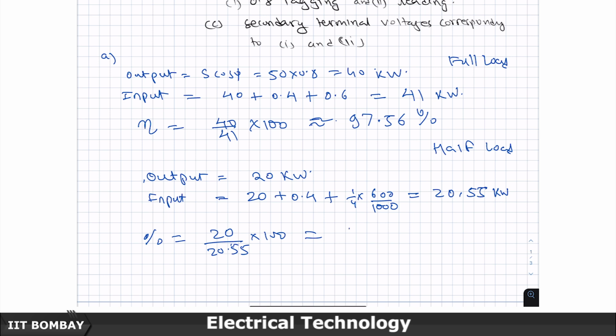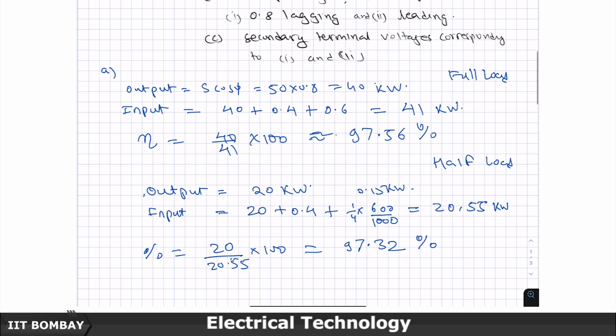A little deterioration has happened, because the copper losses have come down, but the iron losses have not come down. So, therefore, we have got this little degradation in the efficiency of the transformer.